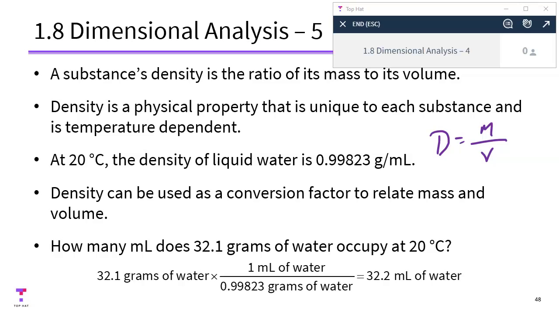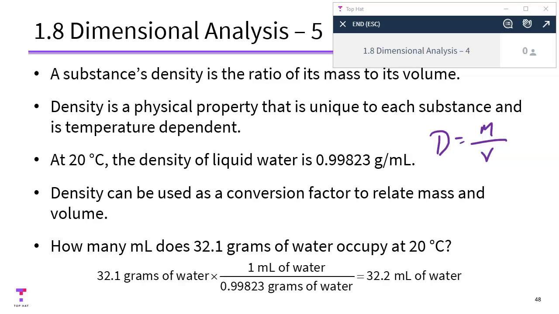Or in ratio terms, whatever 33 divided by 17 is, 1.9 or whatever, 1.9 grams divided by 1 milliliter. From that particular perspective, we can actually solve problems like this using dimensional analysis and using the density as a dimensional analysis factor.